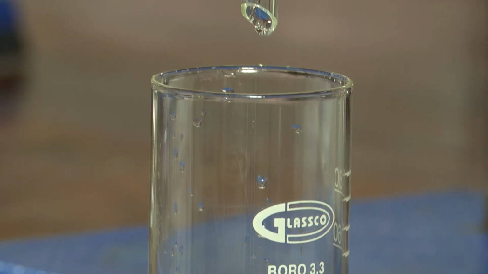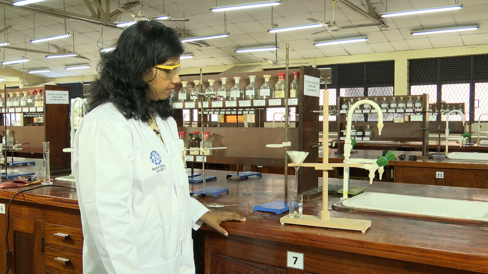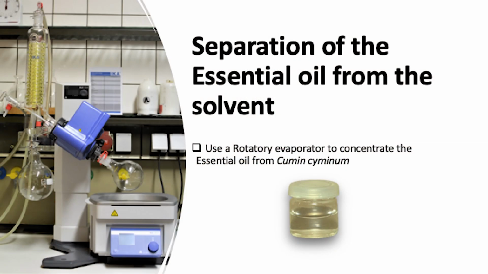Now, the cumin extract needs to be concentrated using a rotary evaporator to collect the essential oil.